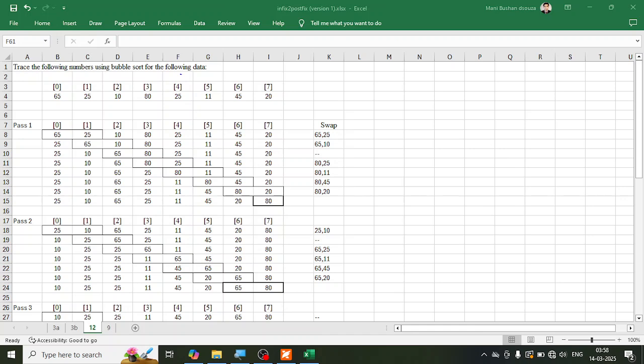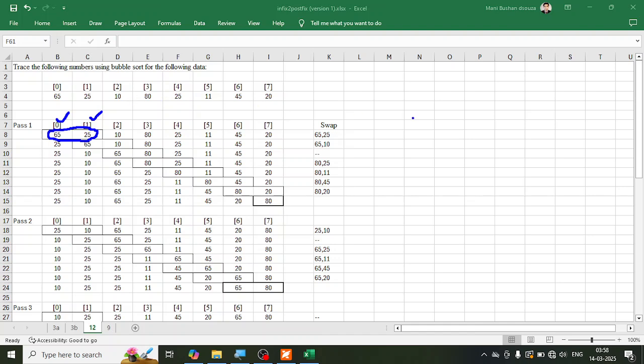In pass number 1, we start with the first two elements over here. You compare the first two elements, that is the element at 0 and the element at 1, and you notice which one is larger. Remember, the largest element bubbles out of the list.